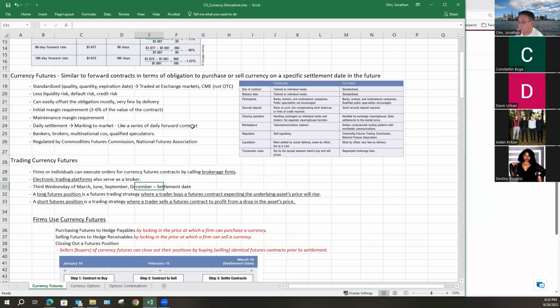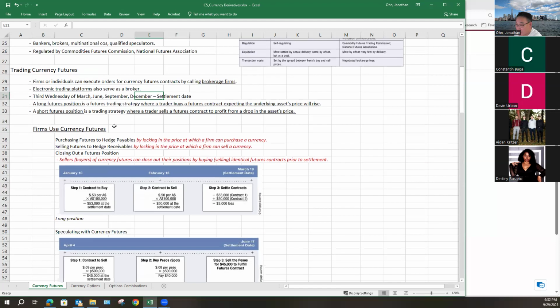That will make these transactions much safer, right? So I told you liquidity risk, default risk, credit risk, the overall risk is lower. That comes mostly from this daily settlement. We have no idea what that means, right?